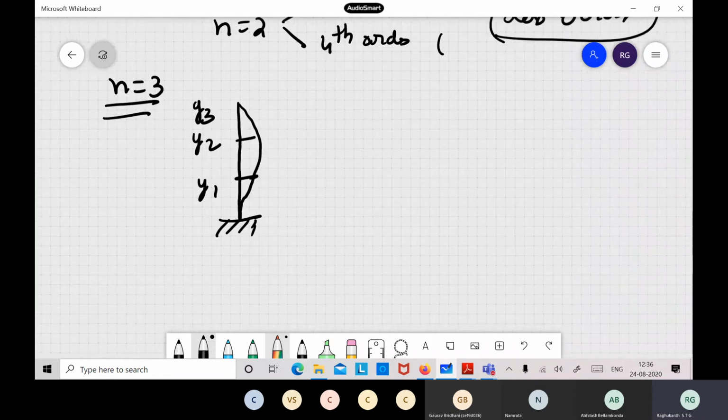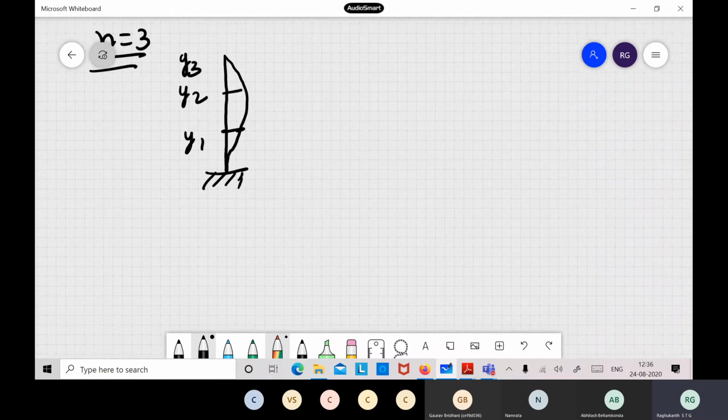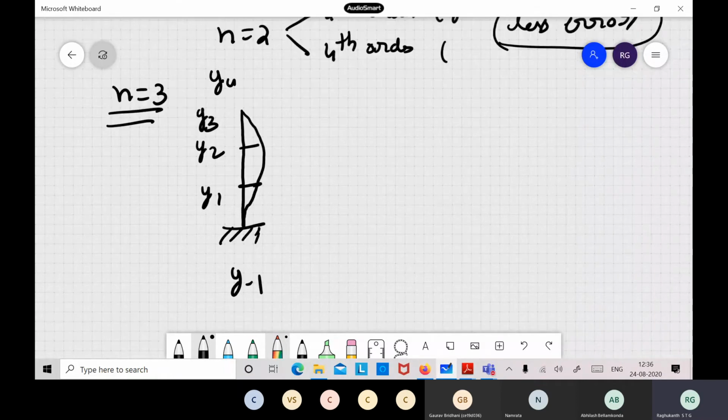To write the final difference equation, whether n is equal to 3, 4 or 5, you still need the boundary conditions. You should know y of -1 and also y of 4. You will get those automatically from the boundary conditions, by satisfying the bending moment condition, and these will be the same as in the previous problem.